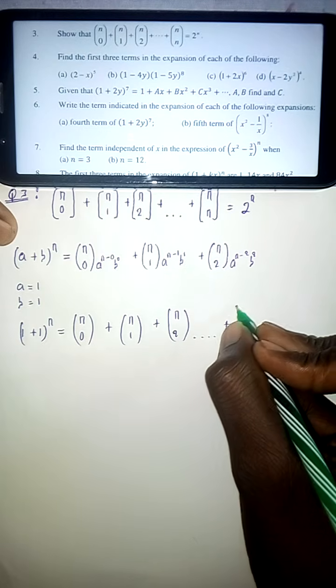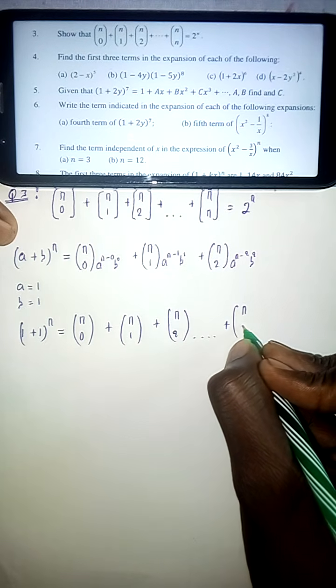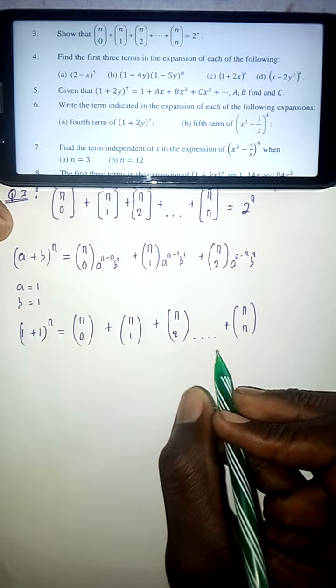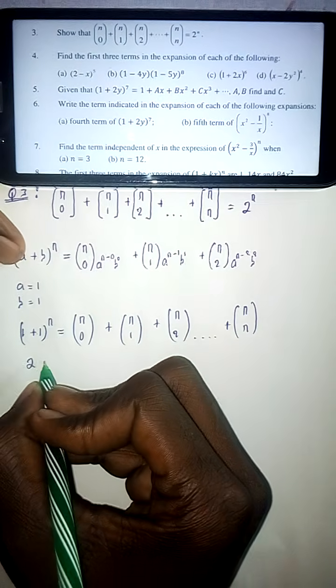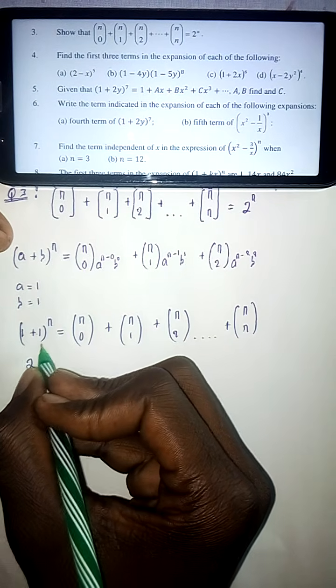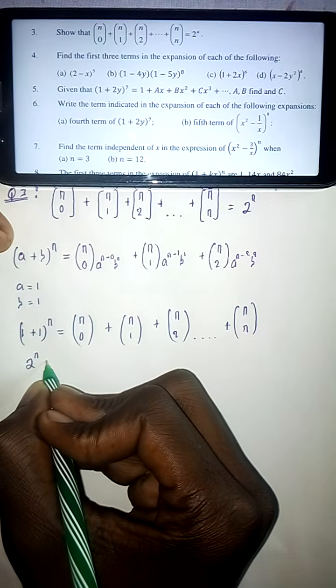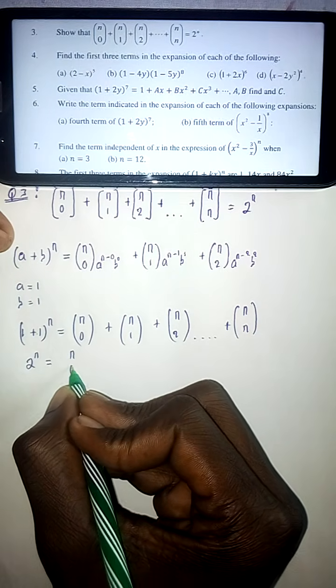So n plus, then I've got this. When you continue going, you're going to find yourself with n. Well, 1 plus 1 is 2, to the power n, is equal to this.